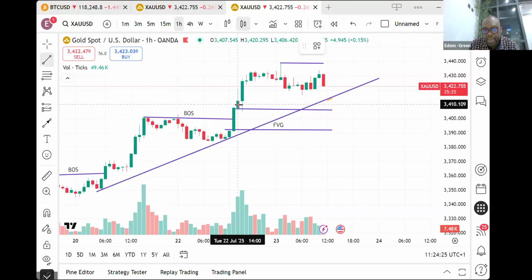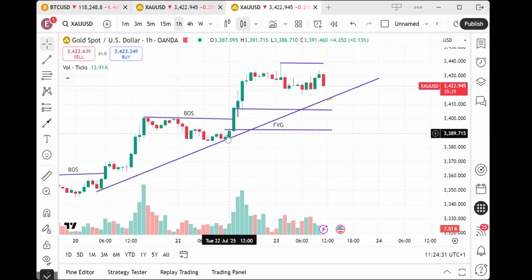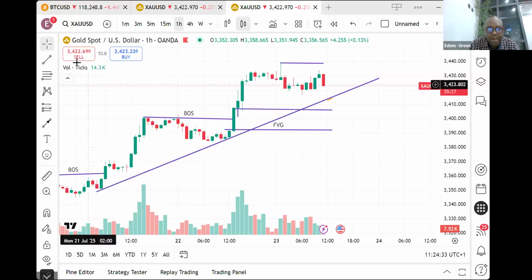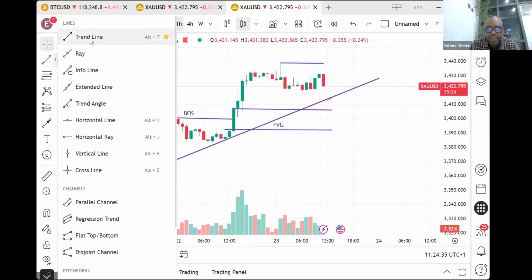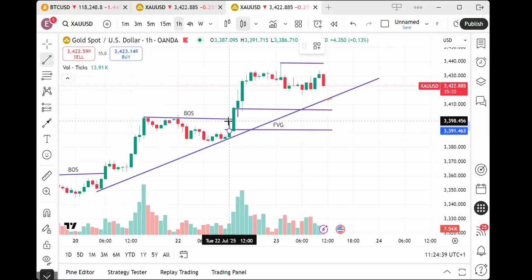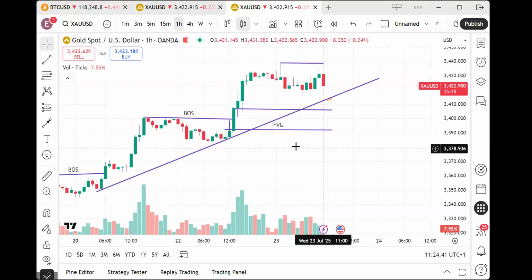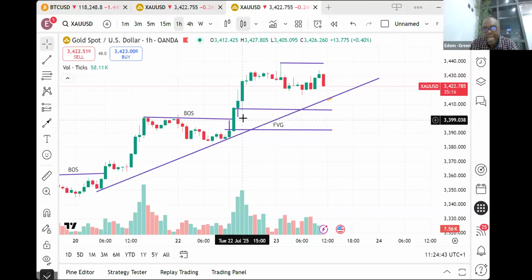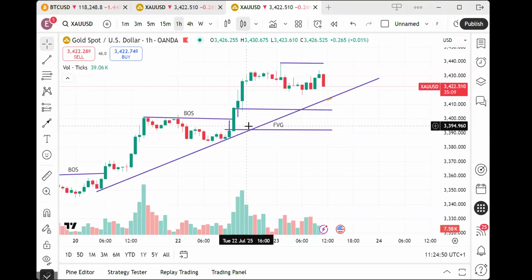If this third candle had a wick like this, and then this first candle had another wick like this. Okay, now I understand. So meaning that the first candle and the third candle have overlapped this second candle. So there's no gap.